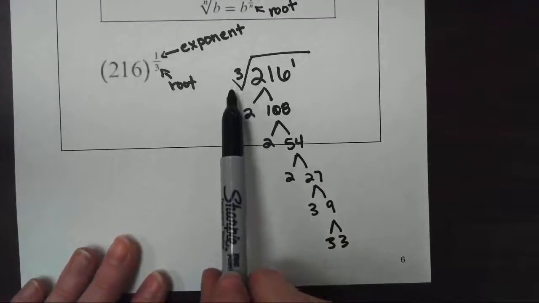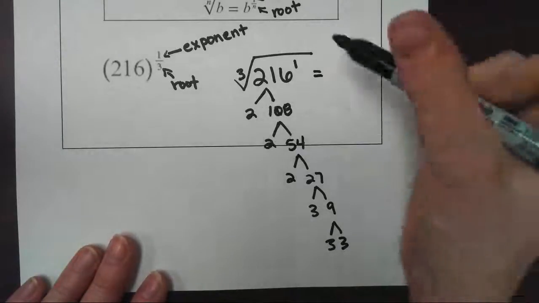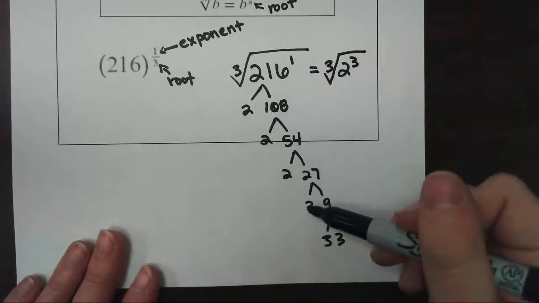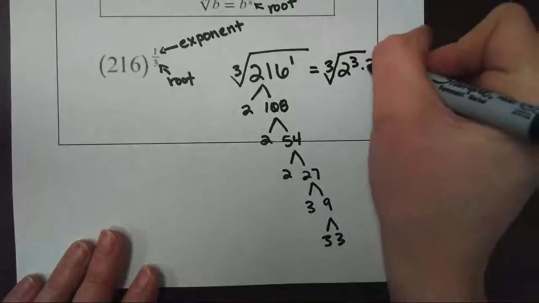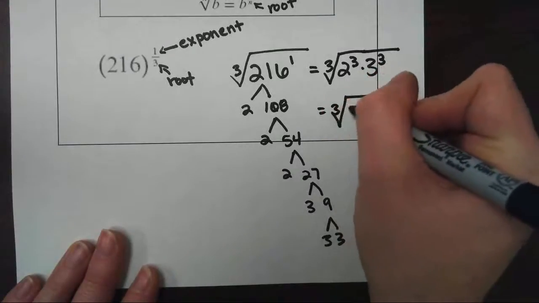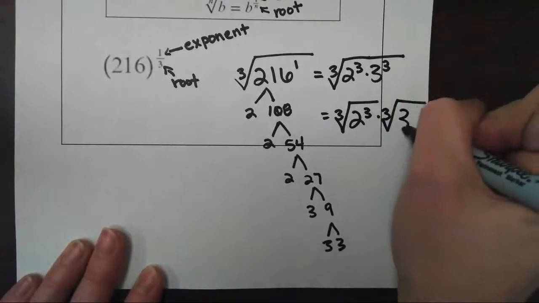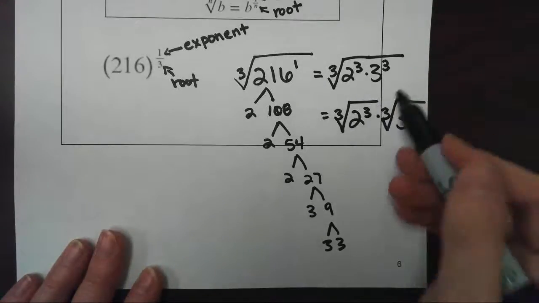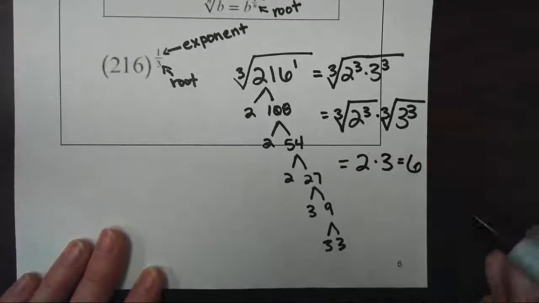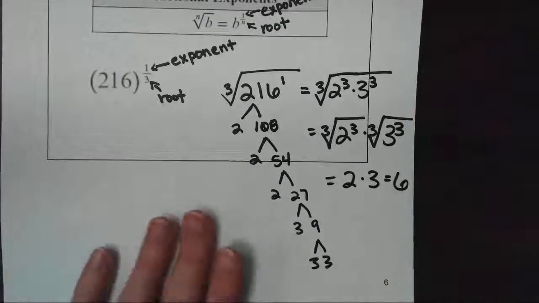Since I'm finding the cubed root, I want to look for cubes. So here I've got 2 times 2 times 2, that's a cube. So I've got 2 cubed. And then I've got 3 times 3 times 3, so there's my other cubed. So I'm looking for the cubed root of 2 to the 3rd times the cubed root of 3 to the 3rd. My cubed root and my cubed cancel out, and I've got 2 times 3, which is 6. So I can multiply 6 3 times to get 216.